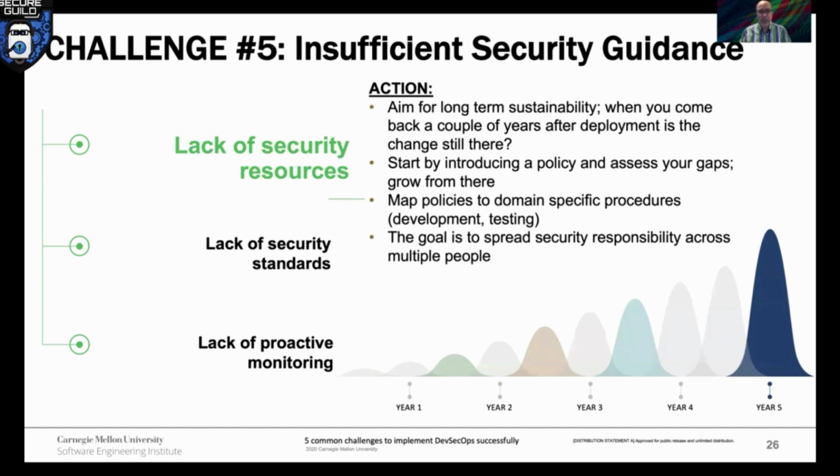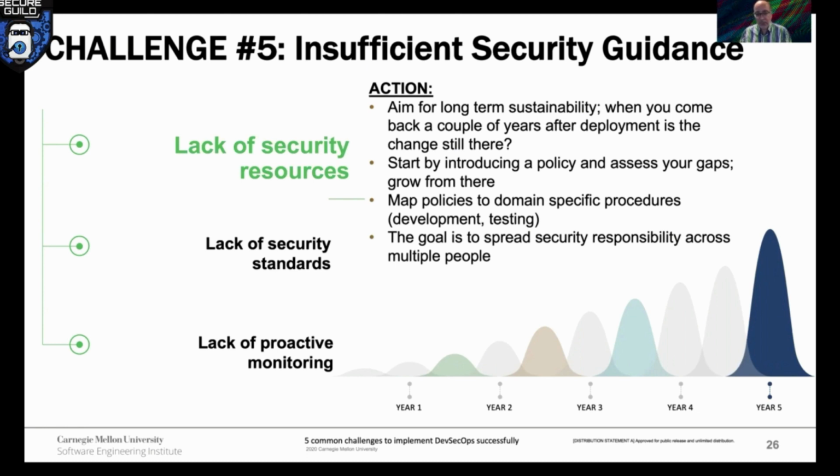And the fifth one is insufficient security guidance. Again, it's related to the skills, but who is going to guide organizations in terms of the security requirements and policies? The first one is the security resources. So we don't have enough resources in our organization. And there is a problem.